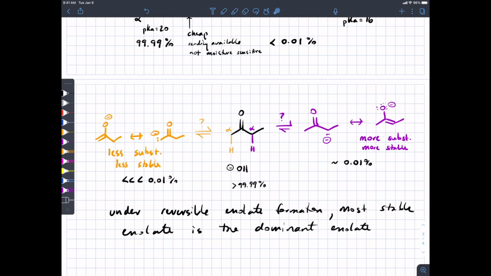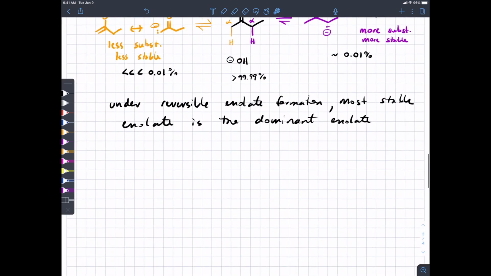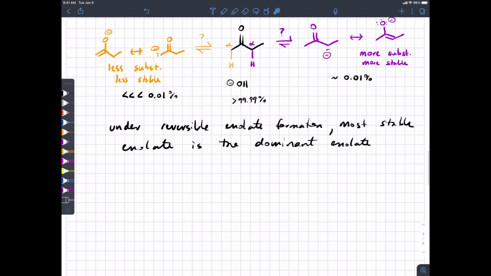So what questions do you want to ask? What is the goal of this reaction when there is such low yield? Well, we're going to see that you can use enolates even in such small amounts as nucleophiles in a subsequent step.